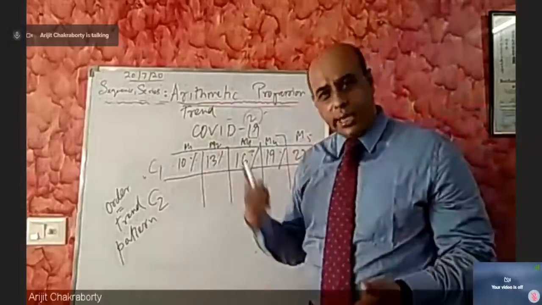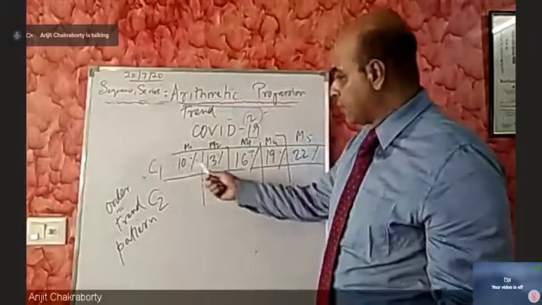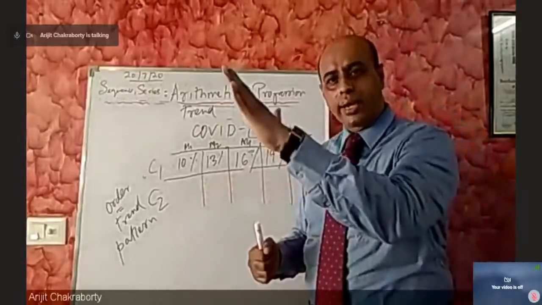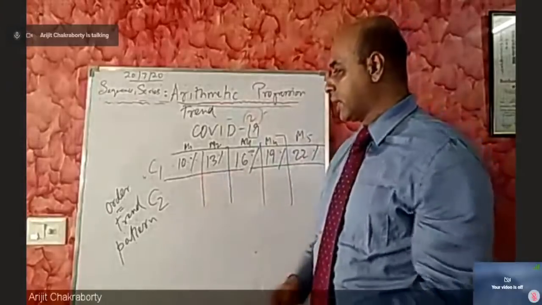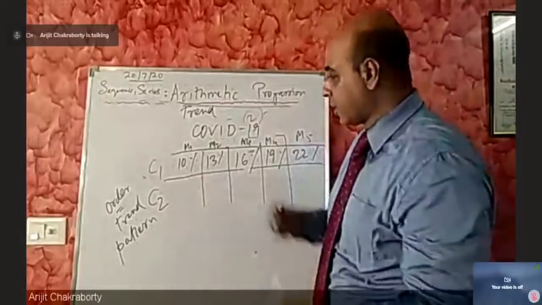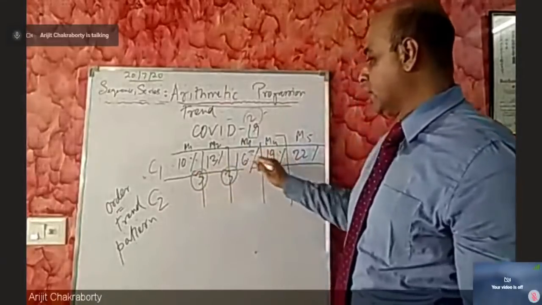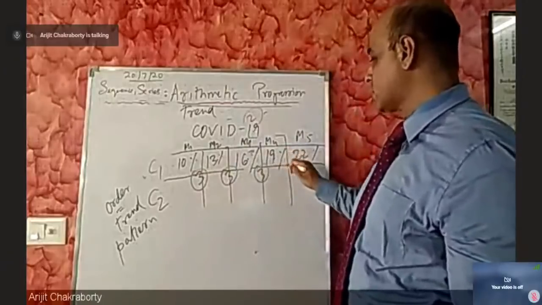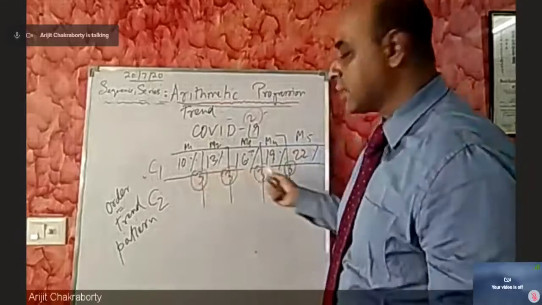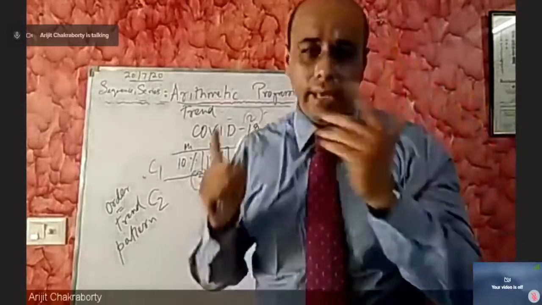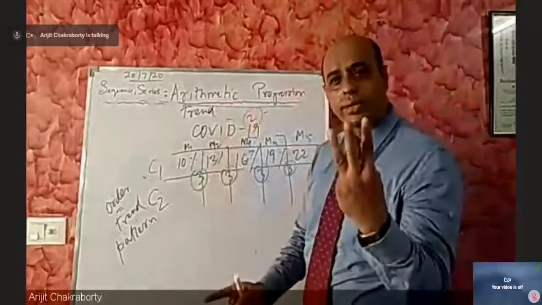Is it a sequence? Yes, it is a sequence, because it is an orderly set of numbers, showing an increasing trend. Plus, the second observation is 13 minus 10 gives us how much? 3. So I write 3 here. 16 minus 13 is 3. 19 minus 16 is 3. 22 minus 19 is 3. So this is an example of an arithmetic sequence with the common difference of 3.